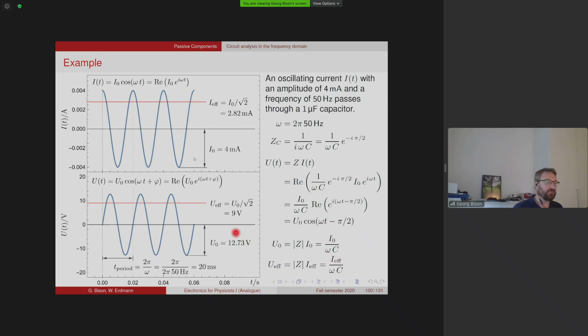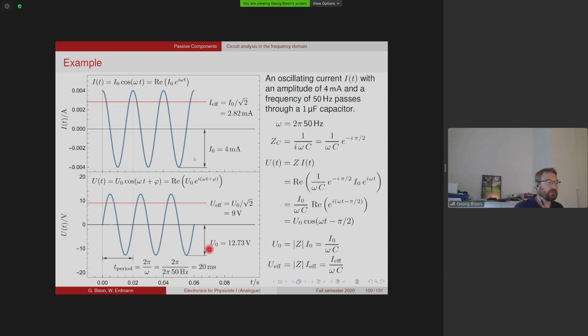And then we get to 12 volts here. The same we can do for effective voltages, since the effective voltages are simply scaled with a factor square root of 2. The same holds for effective voltages.